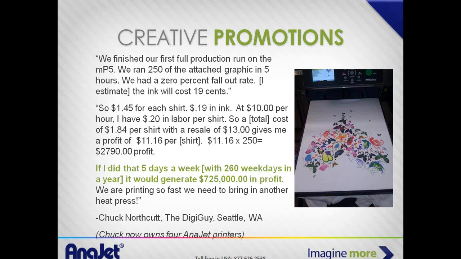He priced in $10 an hour for his labor, a high school kid that comes in and works for him. So he's got a total of $1.84 tied up in a shirt that he sells for $13, nearly $2,800 in profit. And that was 5 days, just 5 days.